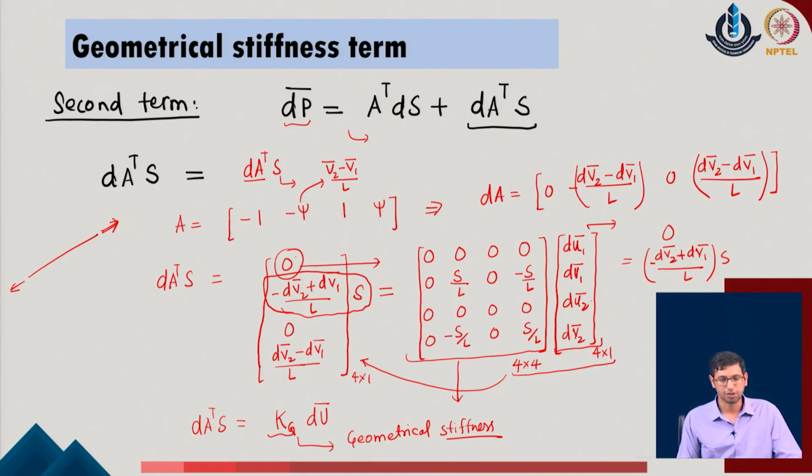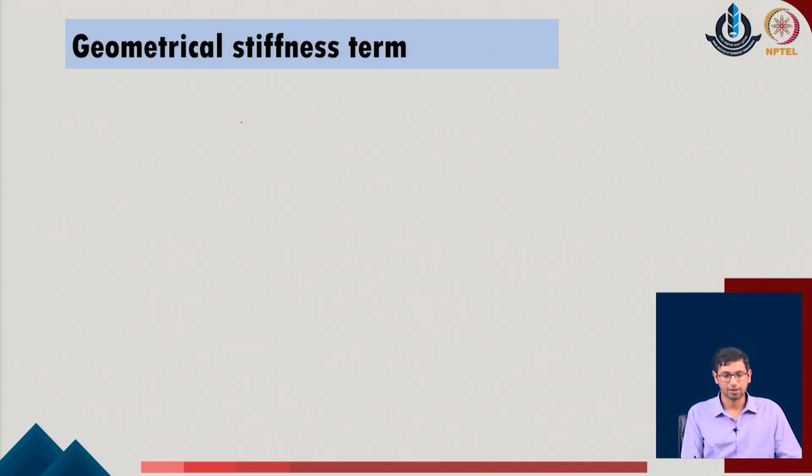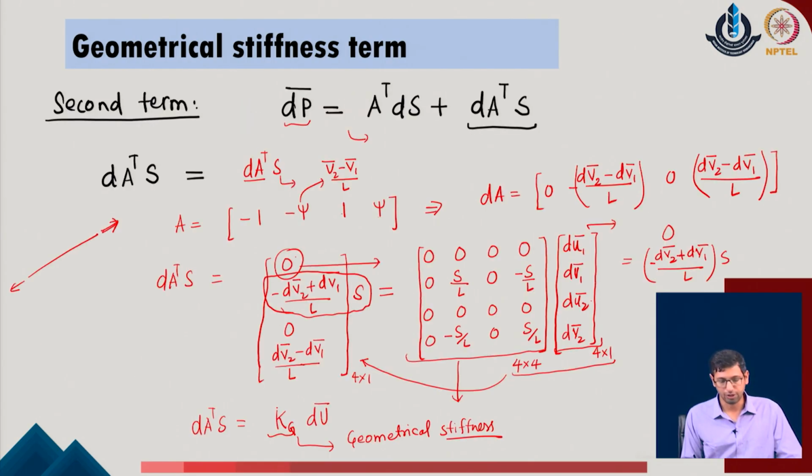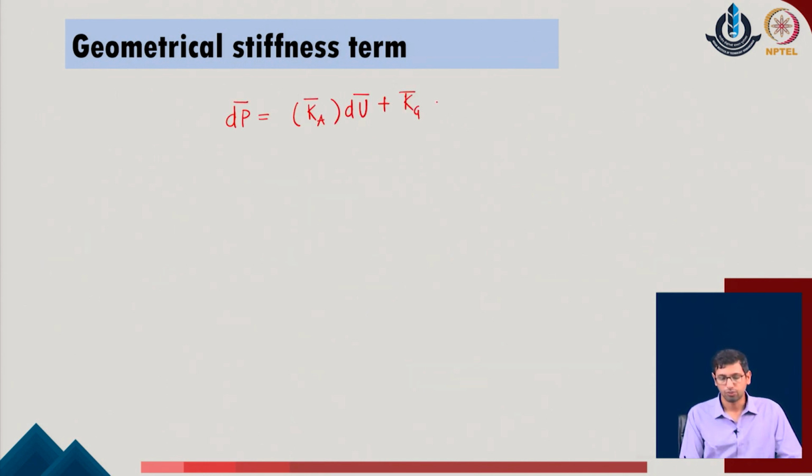Once I substitute it in the given equation, I can write the system as dP bar is equal to K of A bar into du bar plus K of G bar. I will better put a bar here also, because this is also in the local member coordinate, into du bar in the given system, and this gives us the geometrical stiffness of the given system.